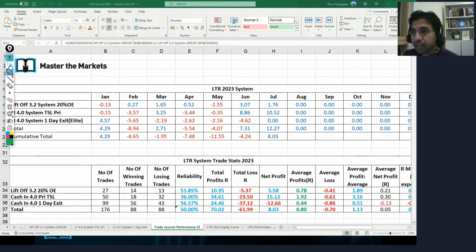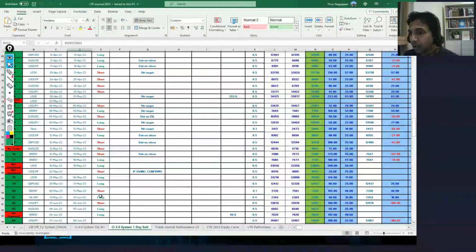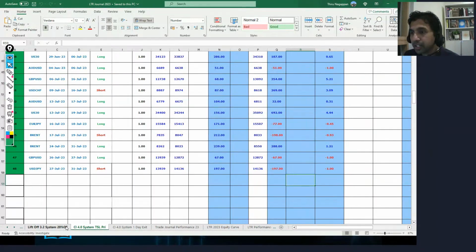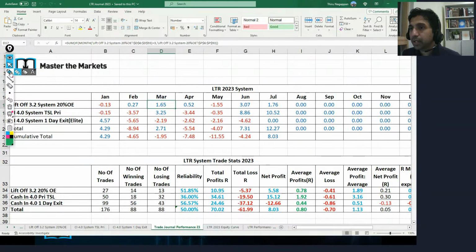We don't hide anything. Everything is in trade by trade breakdown, every win, every loss, right? TSL primary, same strategies, everything in real time. But you see, we never shied away. We took 5 months of drawdown. Not everybody will be able to do that. 5 months of drawdown, then eventually June and July, we came out of it with big monster gains.